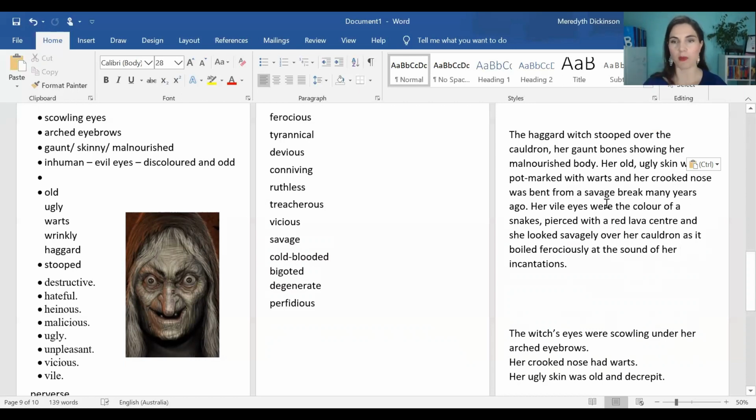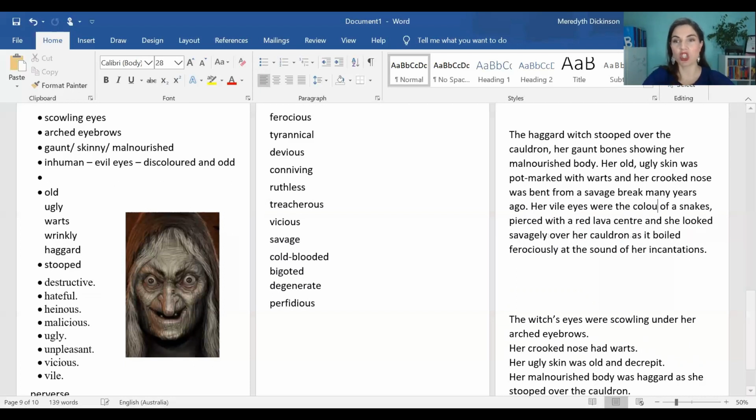So savage, it brings in that extra bit of evilness. Her vile eyes were the color of a snake's. I might make that the shape of a snake's. Pierced with a red lava center. And she looks savagely over her cauldron as it boils ferociously to the sound of her incantations.